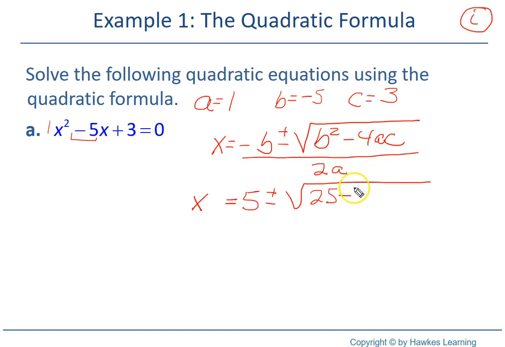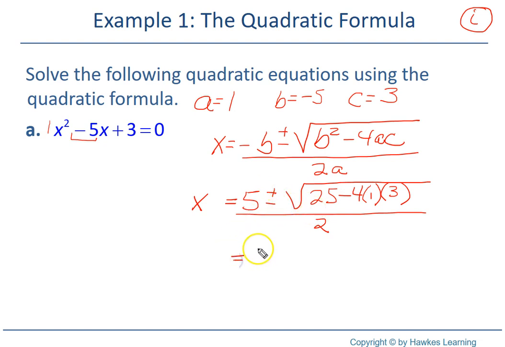Minus 4 times A, which we said was 1. And this is how you should do it. And then we said C is 3. And all of this is going to be over 2 times 1, or 2. 2a, a is 1, 2.